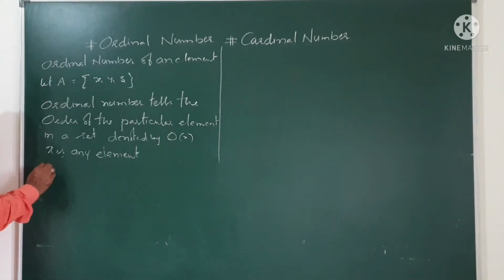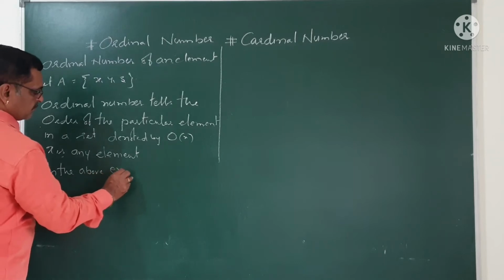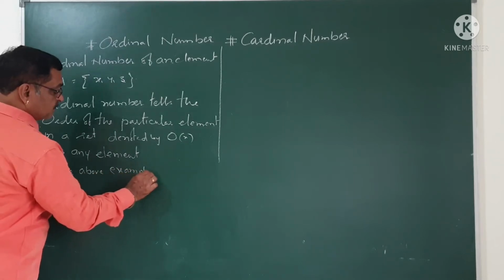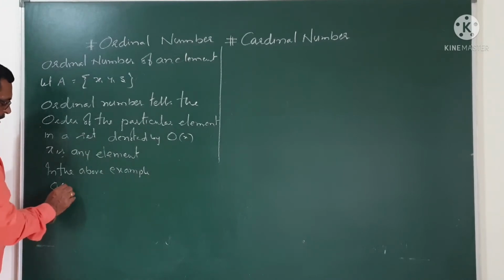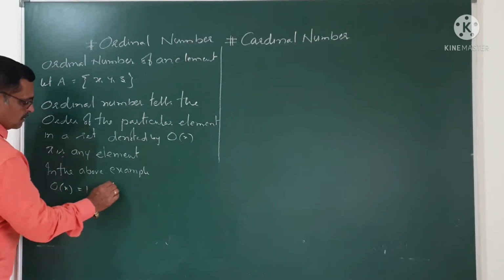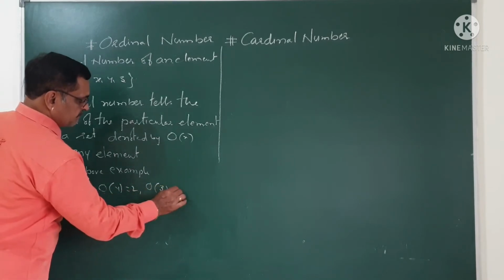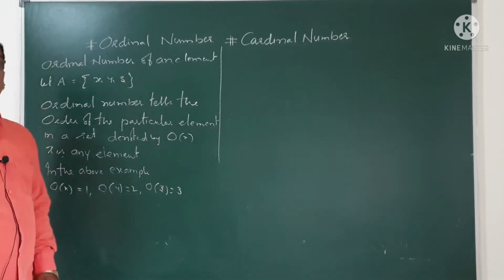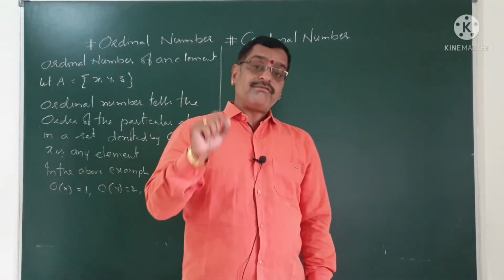In the above example, order of x is equal to 1, order of y is equal to 2, and order of z is equal to 3. This is ordinal number. Ordinal number means order of an element.